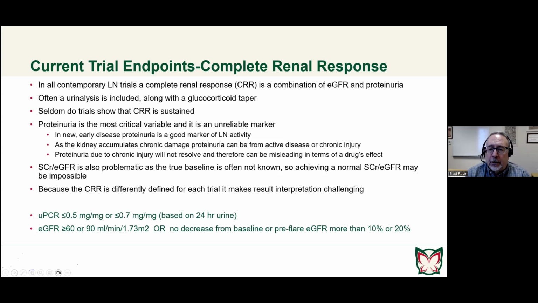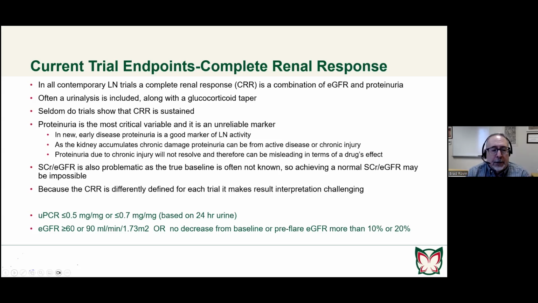And so achieving a normal serum creatinine or GFR is questionable. And if there's been damage to the kidney, you may never, ever achieve a normal GFR. So that becomes a very difficult bar to reach.